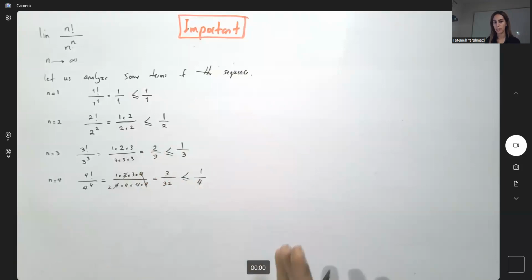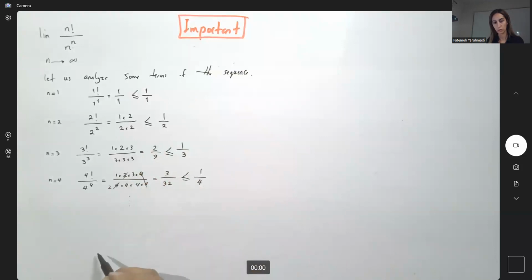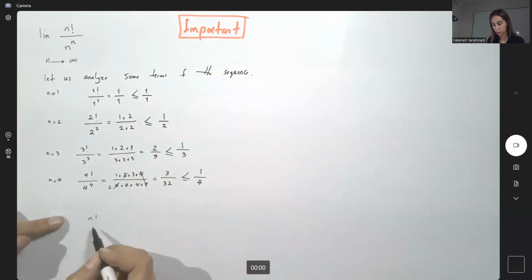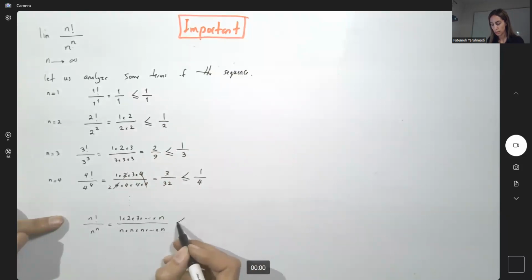I'm trying to find a pattern, find an upper bound and lower bound for this sequence. So in general, if I continue this process, n factorial divided by n to power n, which is 1 times 2 times 3 times up to n, over n times n times n times n, is less than or equal to 1 over n.